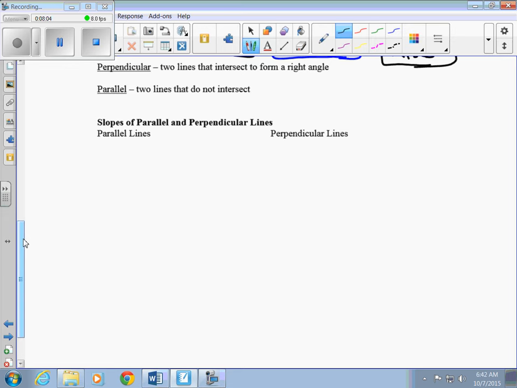If we draw these, parallel lines will never cross, and we will know that they have the same slope, which means the slope of line 1 has to equal the slope of line 2. So if we call this one line 1 and this one line 2, then we're going to have the same slope on both of those.